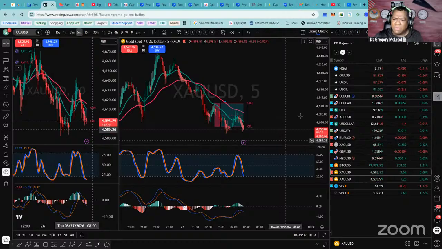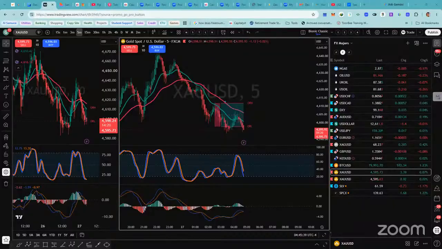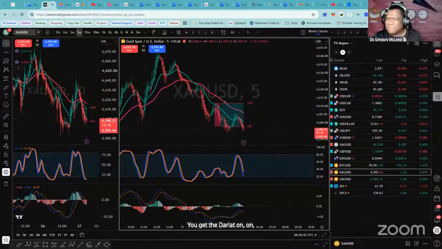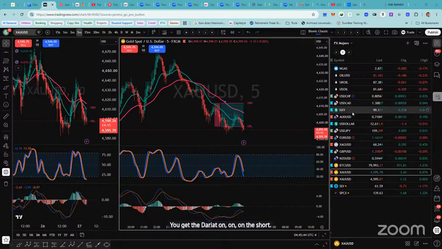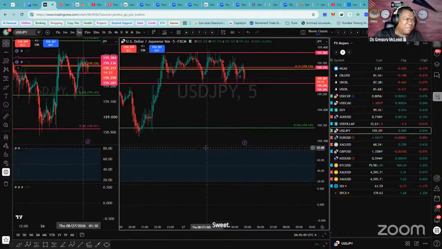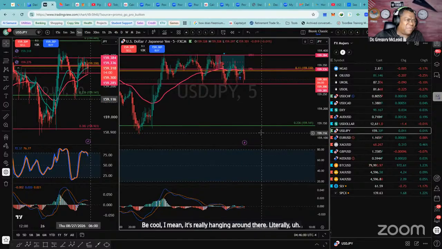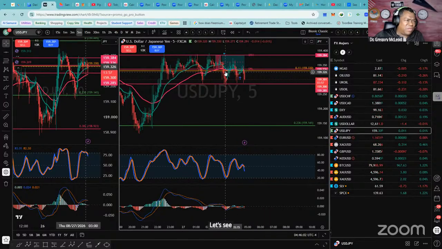You get the dollar yen on the short. Yeah. Sweet. Cool. I mean, it's really hanging around there. So your entry, you must have got in pretty good up against the.